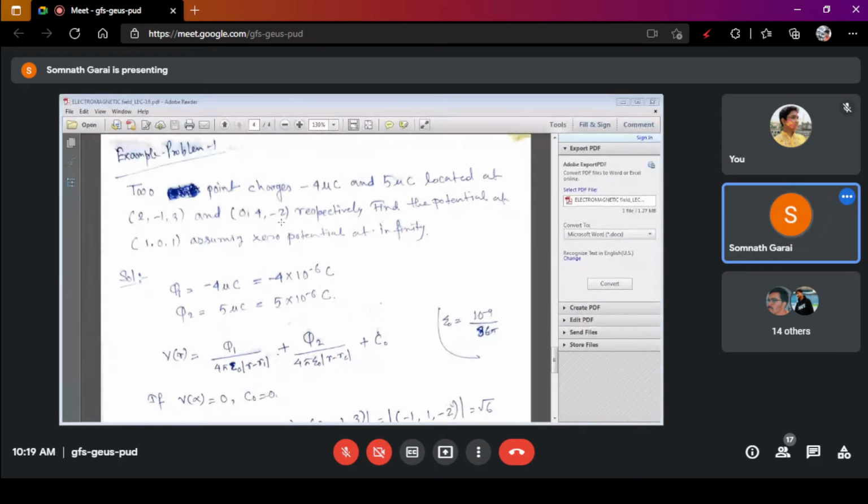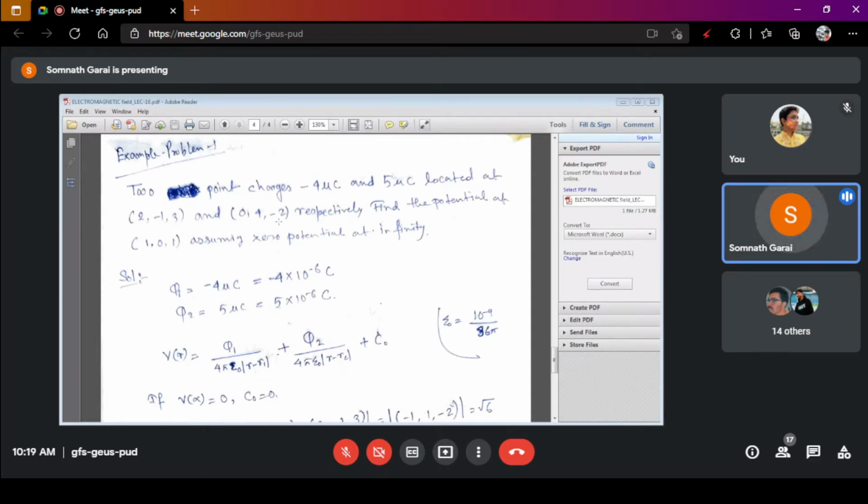The first charge is situated at x equals 2, y equals -1 and z equals 3, and the second point charge q2, whose value is 5 microcoulomb, is situated at x equals 0, y equals 4 and z equals -2. So these two point charges are located in different locations of the Cartesian field.